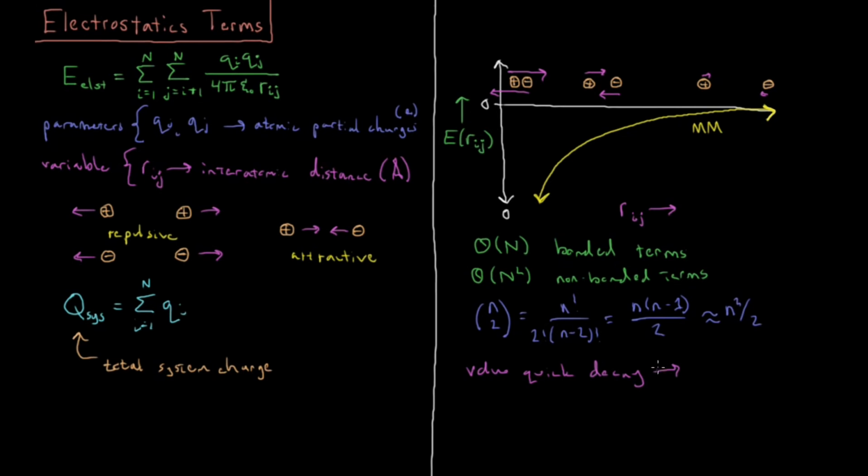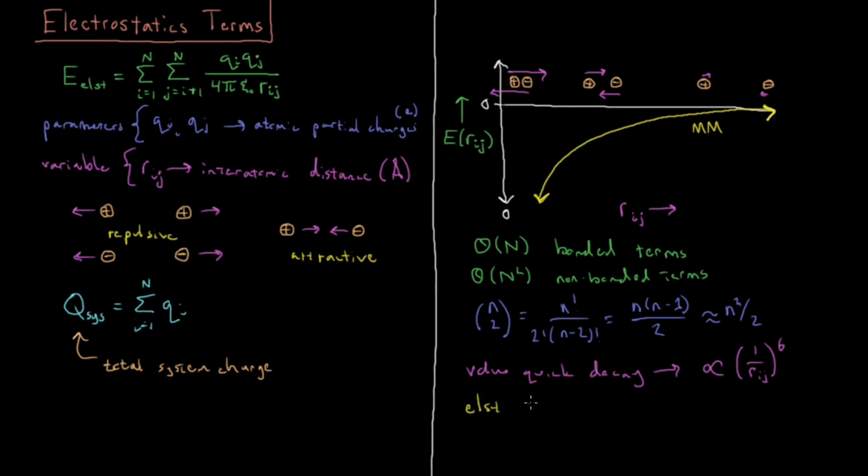Remember that the van der Waals has one term that depends on 1 over r to the 12th, and that decays very quickly. But the slower decaying one depends on 1 over rij to the 6th, which actually still decays pretty quickly. In fact, by the time you're about 20 angstroms away, they typically aren't interacting at all through the van der Waals potential.